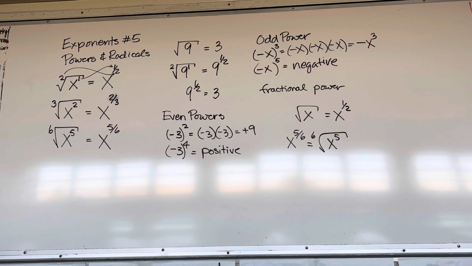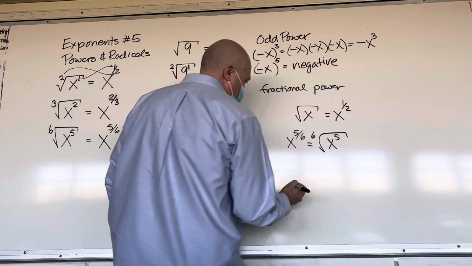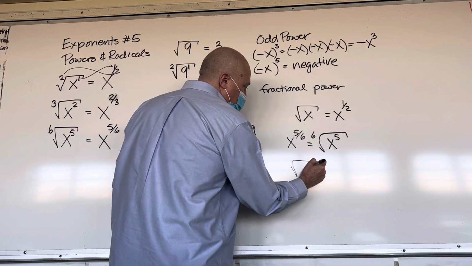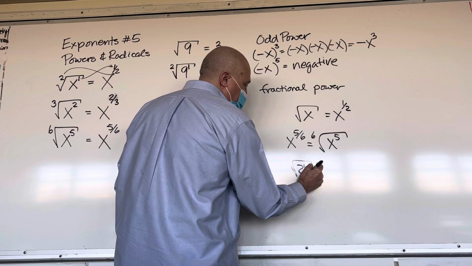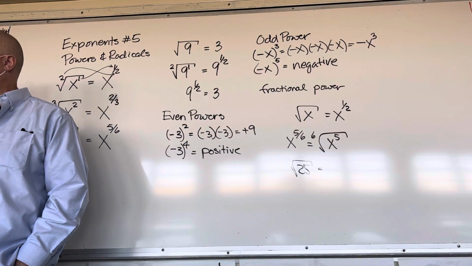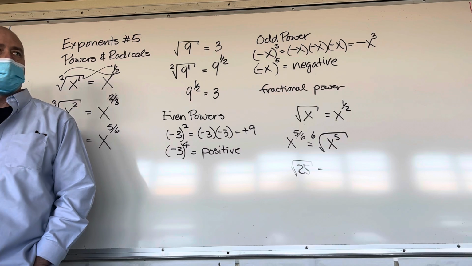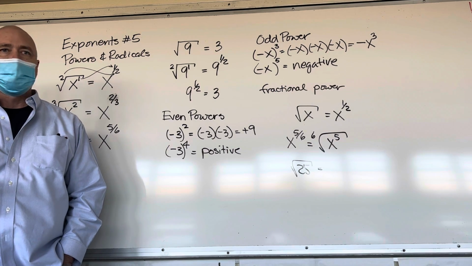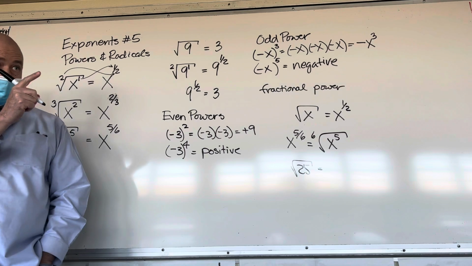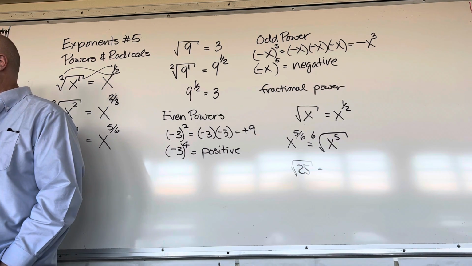And so, just a quick review, just to take you back to where you used to be. What is the square root of 25? What's the square root of 25, just to take you back to your prior knowledge? 5. What do you get over on this side? Good, you're good. What do you get on this side? What's square root of 25?